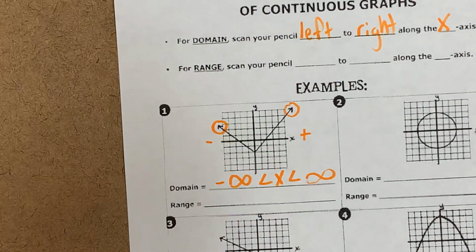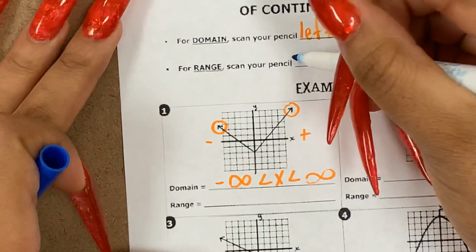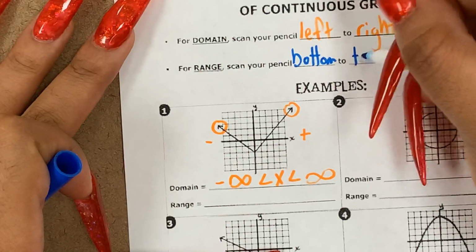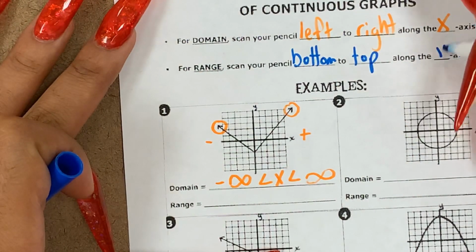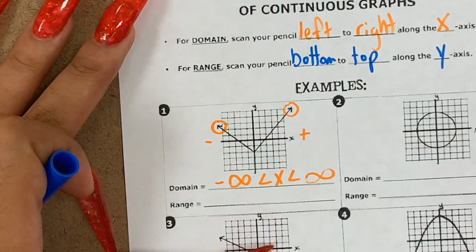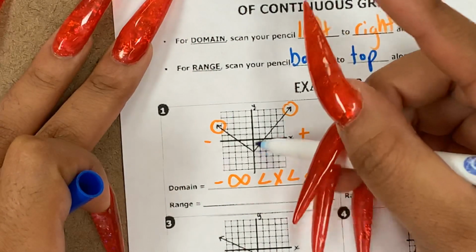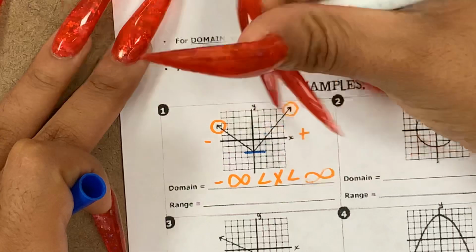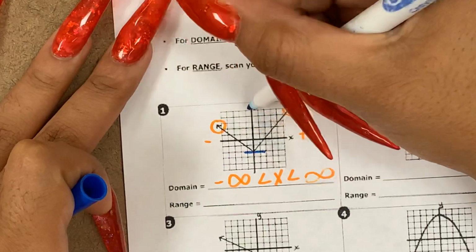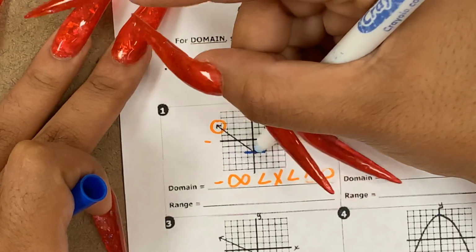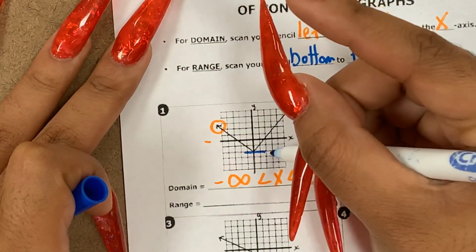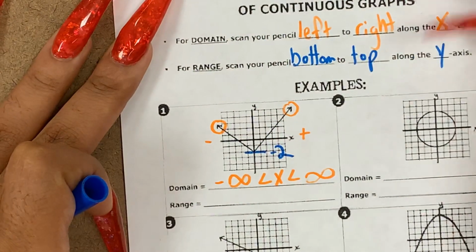Okay, range, scan your pencil bottom to top along the y-axis. So at the bottom, there's no arrows at the bottom of the graph. The lowest y value is -2.